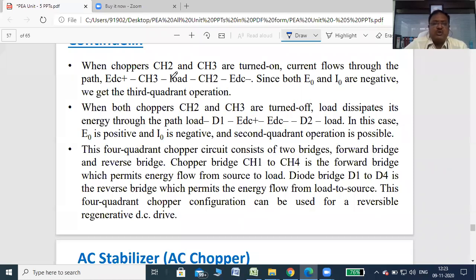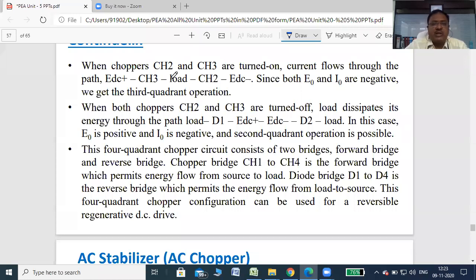When both choppers CH2 and CH3 are turned off, the load dissipates its energy through the path D1, EDC plus, EDC minus, D2 back to the load. In this case, E0 is positive and I0 is negative, so the second quadrant operation is possible. Sorry, that is the fourth quadrant, last quadrant operation is possible.